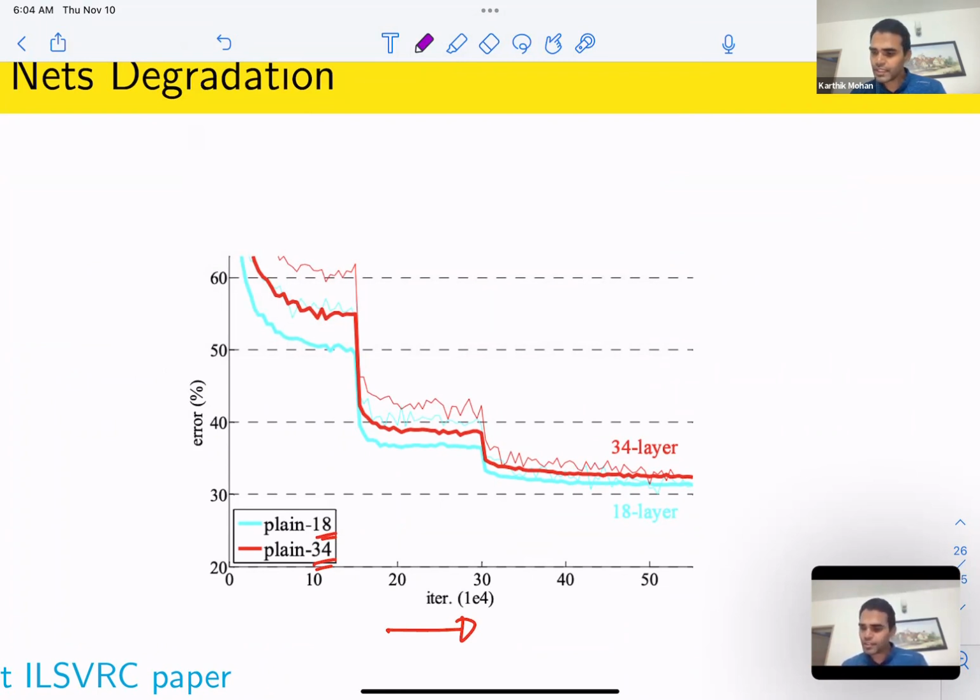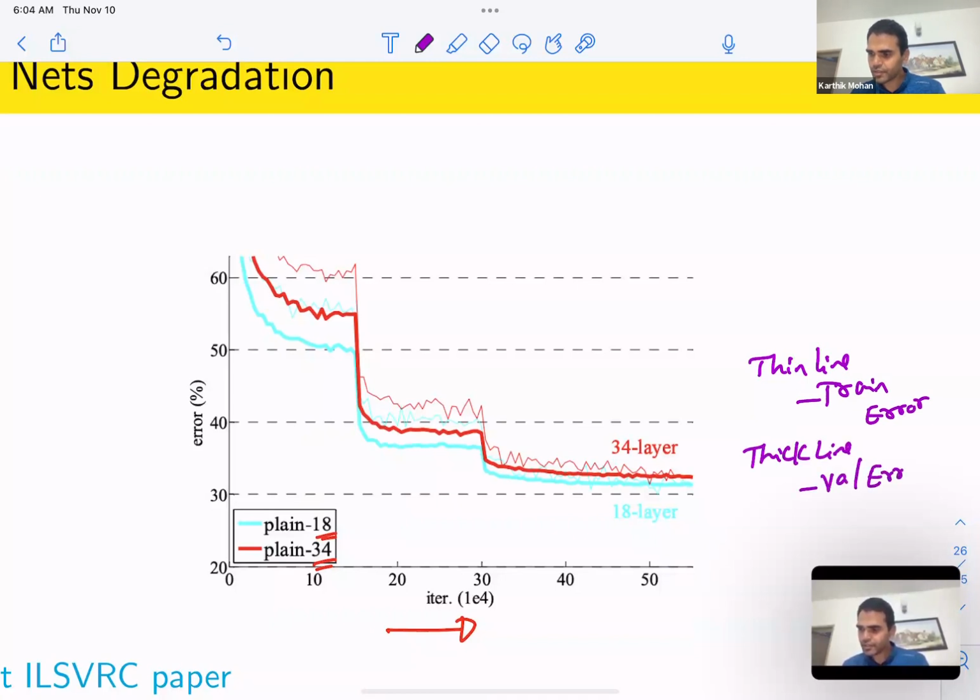So here, the thin line is the train error, and the thick line is the validation error. So you see the train error, the thin line in red, is almost always higher than the blue thin line.